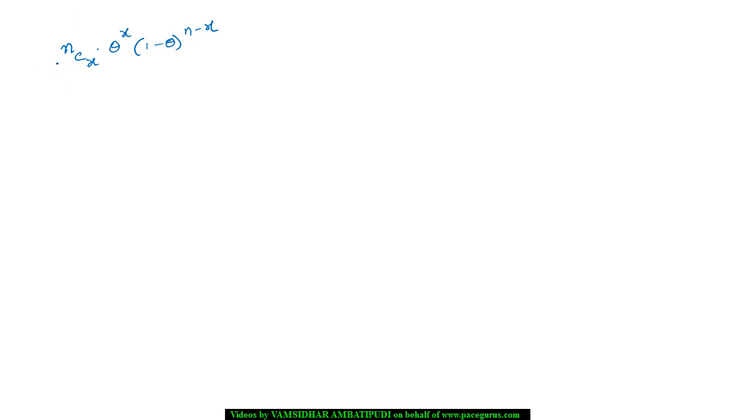Now I want to find the mean. So I'll multiply this with x and I'll sum it across all the values, from 0 to n, all the possible values. So this is coming out as x into n factorial divided by n minus x factorial into x factorial, theta to the power x, 1 minus theta to the power n minus x.